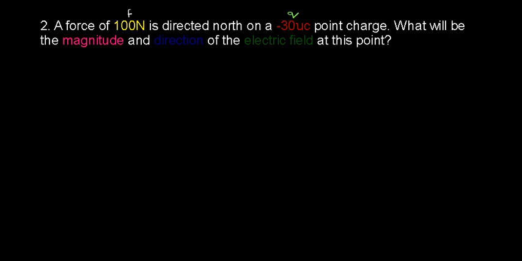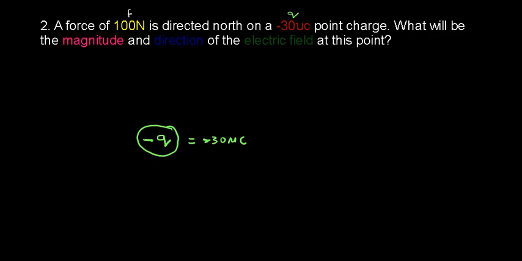Okay, let's go ahead and try to illustrate this. Let's assume, like it says, that a force of 100 Newton is directed north on a charge. So we have this negative charge Q, and the value of this negative charge is negative 30 microcoulombs.